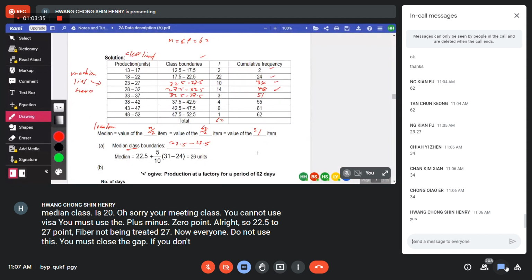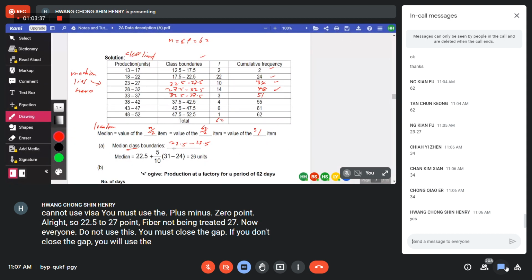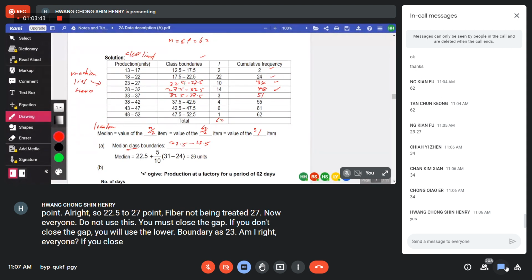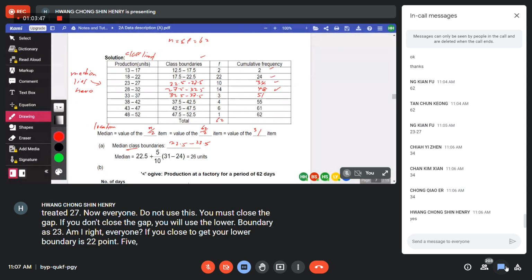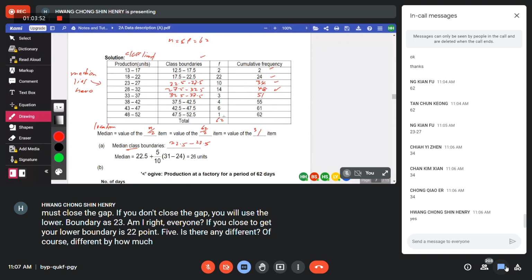If you don't close the gap, you will use the lower boundary as 23. Am I right, everyone? If you close the gap, your lower boundary is 22.5. Is there any difference? Of course, different by how much? 0.5. It's a lot already. That's why your answer will be different.